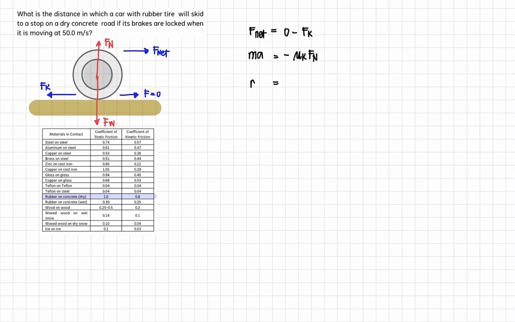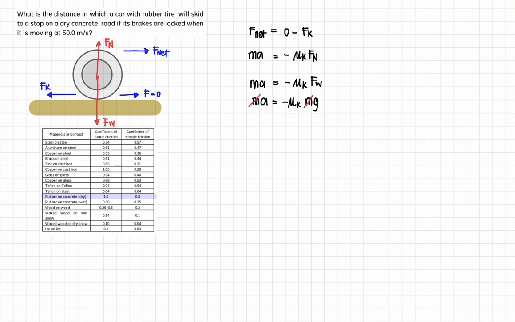So Ma equals negative mu K, but Fn is Fw. But that weight is mg. So we can cancel out m.